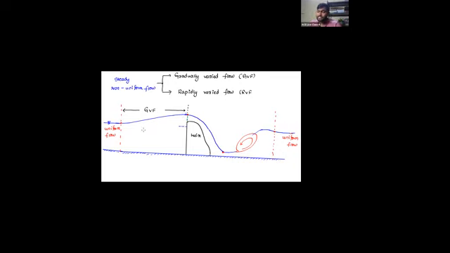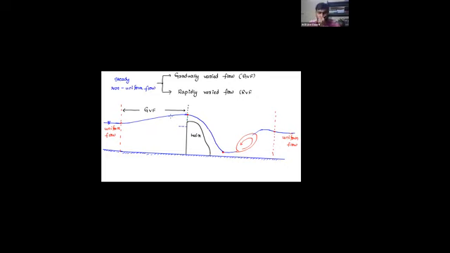Yes or no? Because here the variation happens over a longer span, and this is a smooth curve. And the curvature, what is meant by curvature? The slope is also less. In simple words, if the variation happens over a longer span, you call it a gradually varied flow.